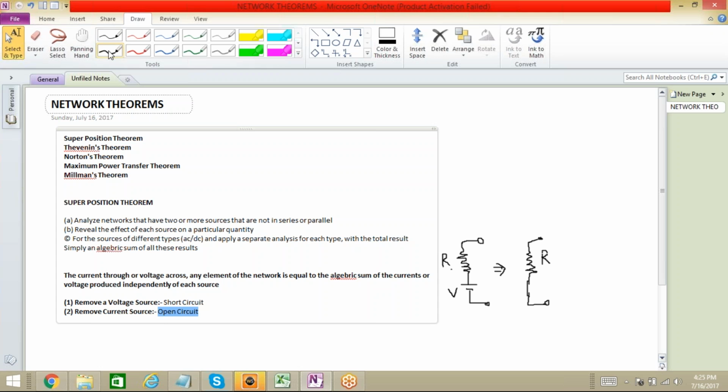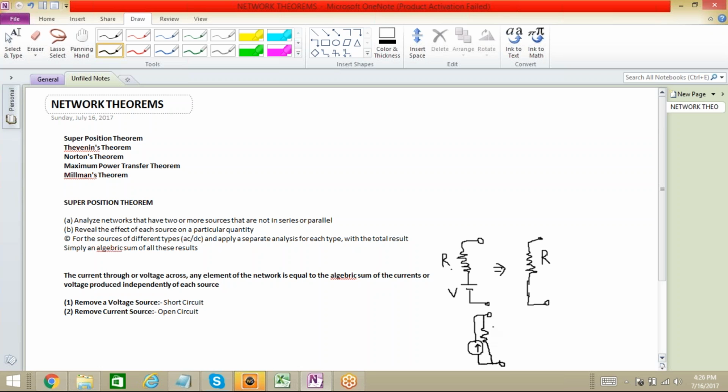Again, the shape is something like this. Let's say this is your circuit. This is your current source, and this is your internal resistance.